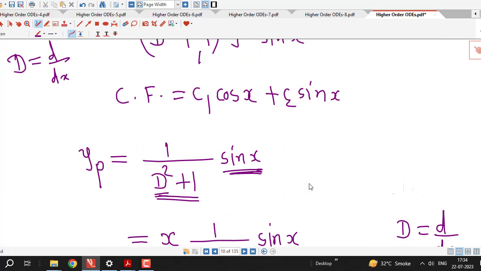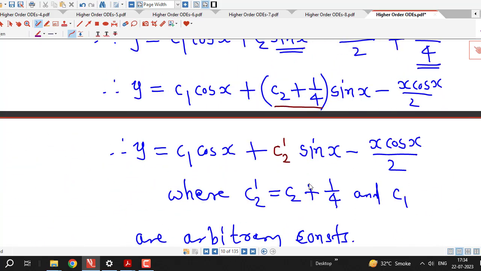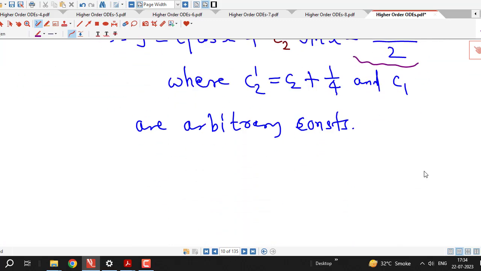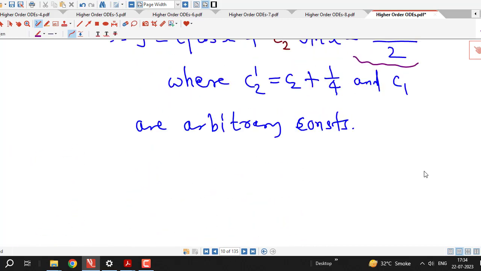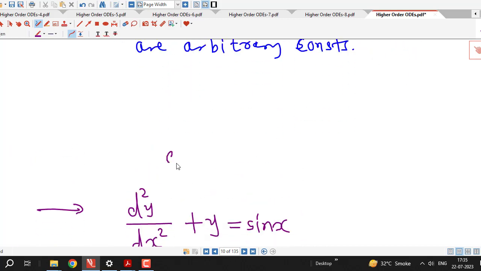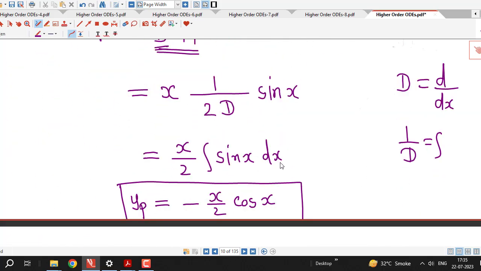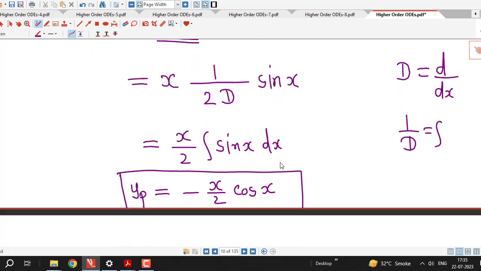Now you can compare, we have obtained this same particular solution here, minus x cos x by 2. So you can compare both the methods. This is using shortcut methods. We are able to decide the particular solution within one or half a minute.